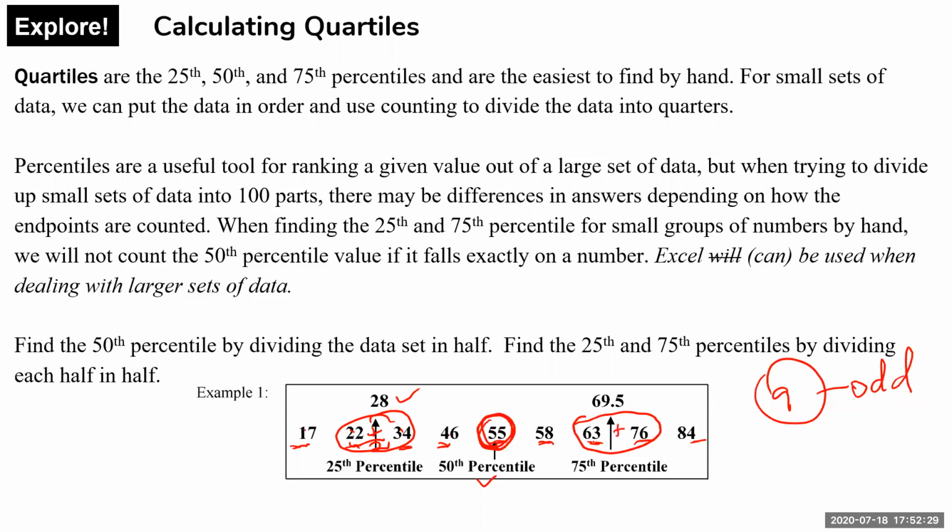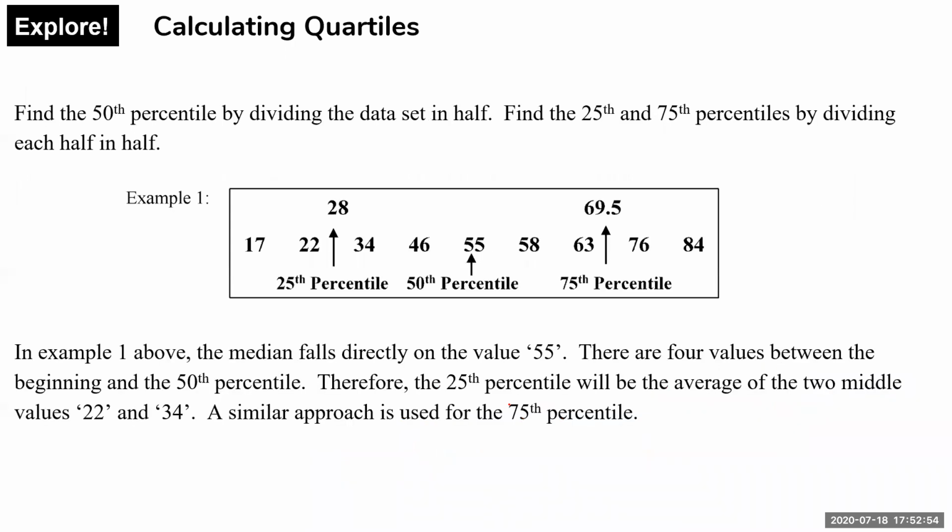You put these together, divide by 2, and that gives you your 75th percentile right there. So there's a way to deal with an odd data set and an even data set. This is an odd data set, so you have a single number sitting at the center, and I'll highlight more on an even data set, and again on an odd data set soon. Okay, so that is nice.